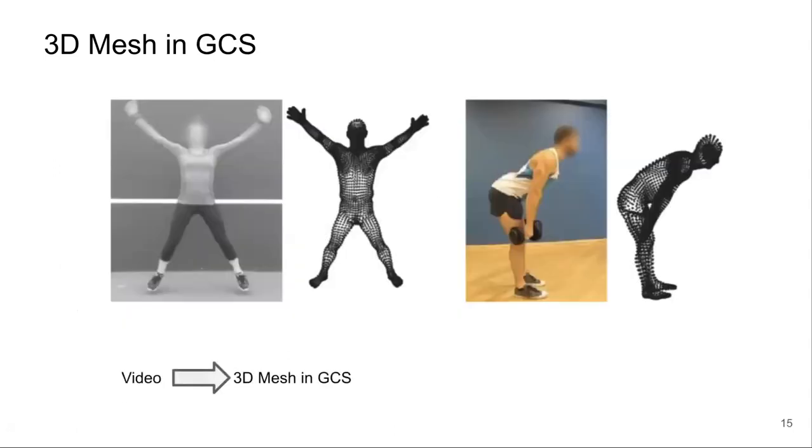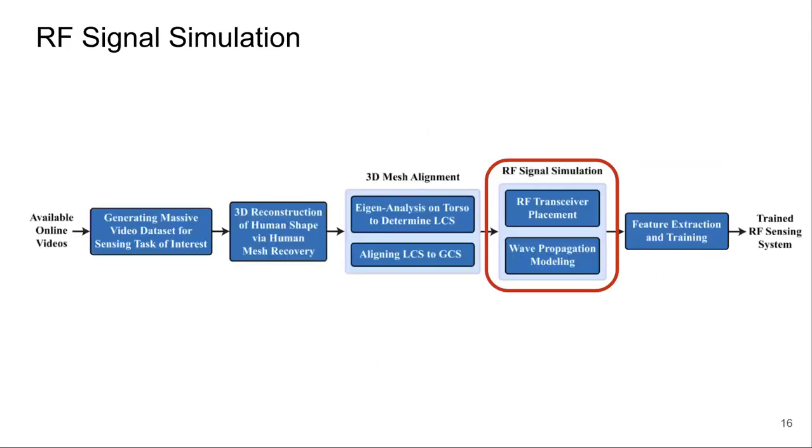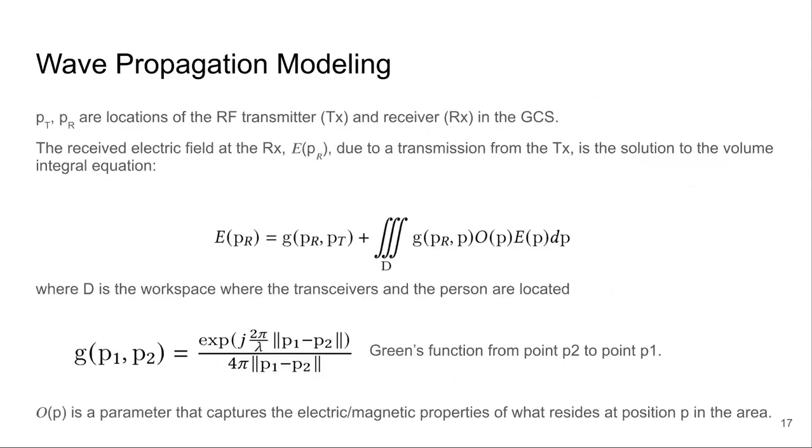The next step is to simulate RF signals as shown in this pipeline. Let's define P_T and P_R as the locations of the RF transmitter and receiver in the GSC.